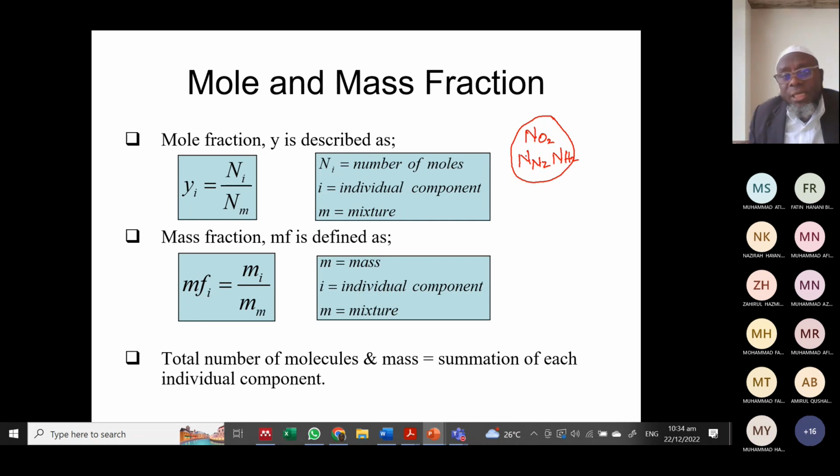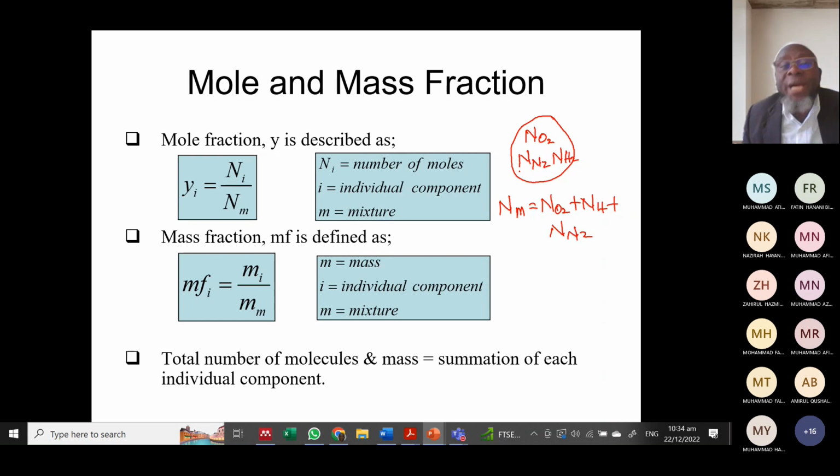If I want to find the total number of moles in the mixture, it equals N oxygen plus N hydrogen plus N nitrogen. So that's the total number of moles.